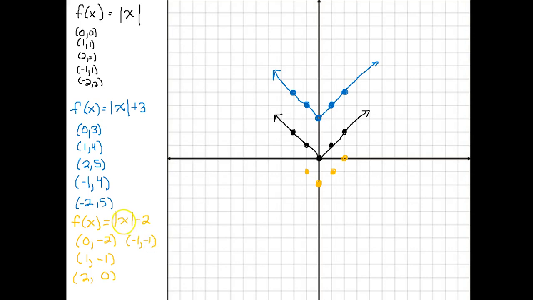Because if you plug in negative 1, absolute value of negative 1 is 1, minus 2 gives you negative 1. Plug in negative 2. Absolute value of negative 2 is 2, minus 2 is 0. So this point shifted down 2. So subtracting 2 makes everything shift down 2. And there you have it. So that's a shift up or down for a function.